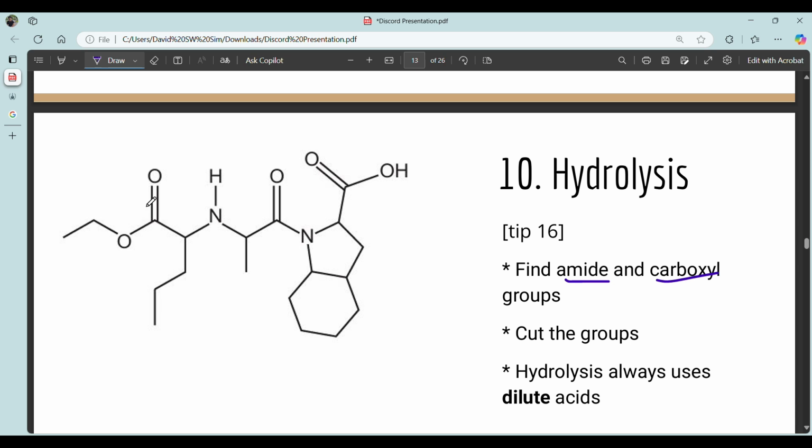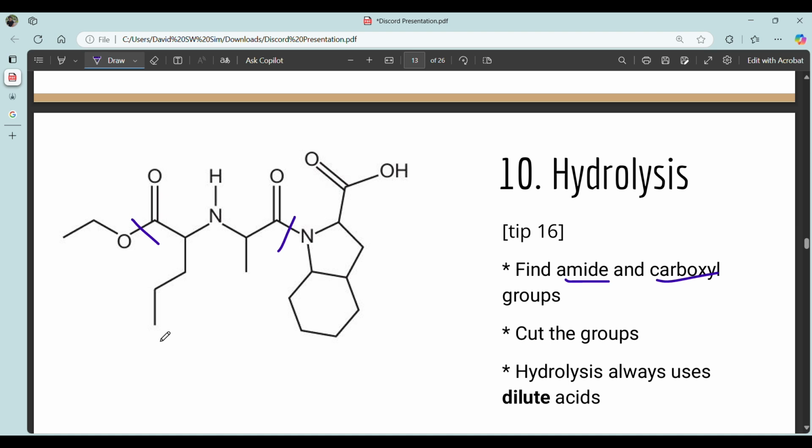Okay, this bond is a carboxyl. We cut the bond. This bond is not an amide, it's an amine. Why? Because the N is not directly connected to a double bond O. There's no double bond O here or here. This one, the N is directly connected to a double bond O. So we cut this one.